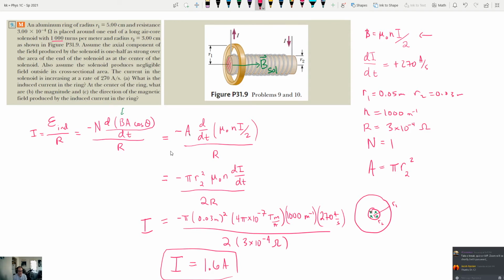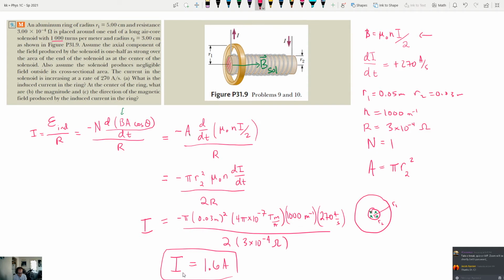But it's tricky because there's going to be problems like this one where the whole object doesn't have flux through it. It's only the center of the object that has the flux through it, right? Yeah. Okay. That's the whole point of doing this particular problem, it highlights this issue, and we'll see this show up in a lot of different areas too.